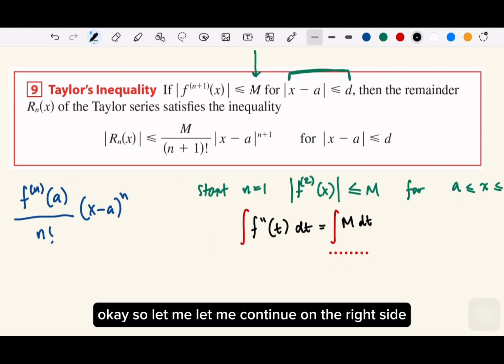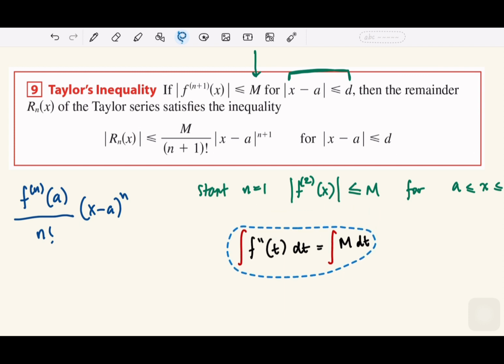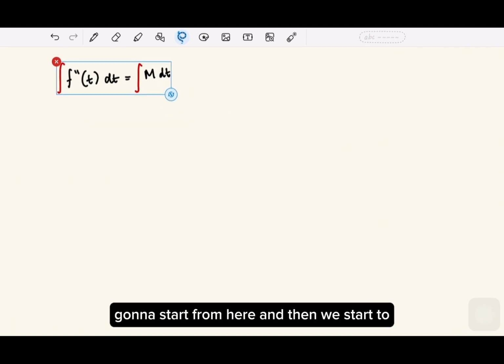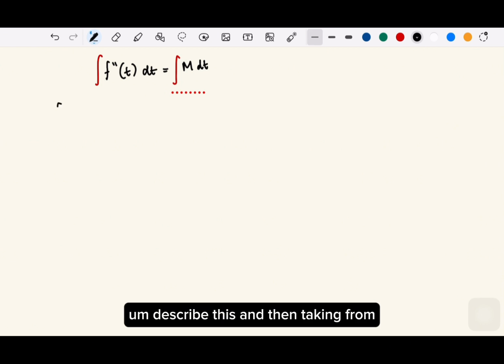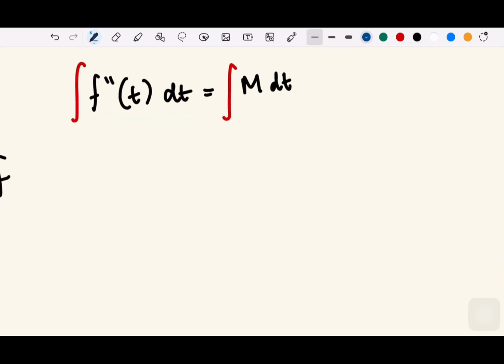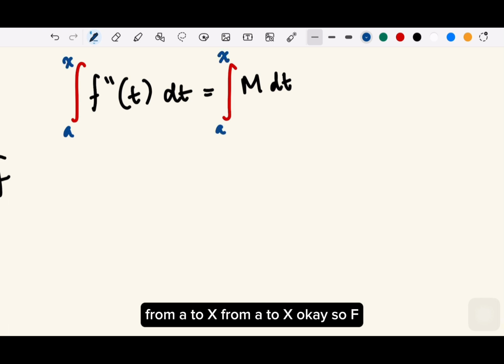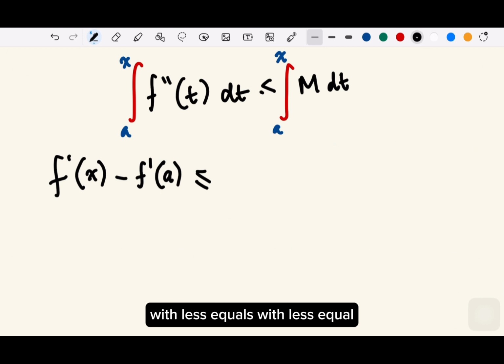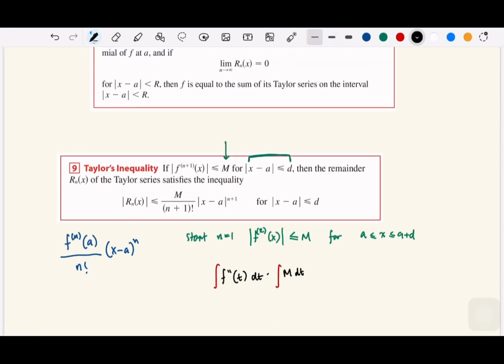So let me continue on the right side. Let's start from here, and then taking from a to x, we take the integration, and it's less than or equal.